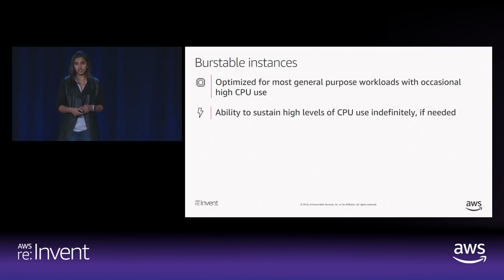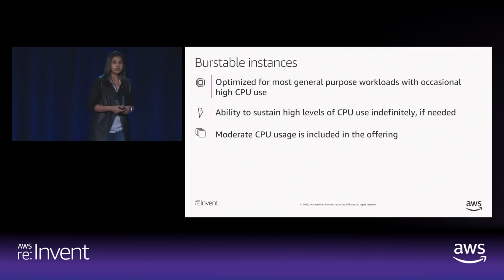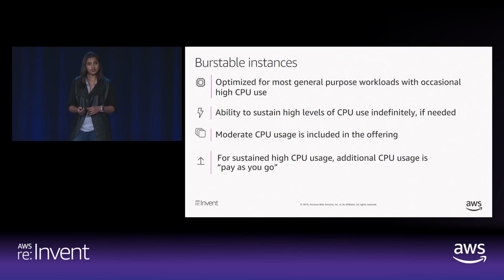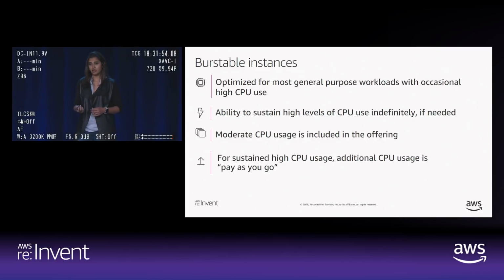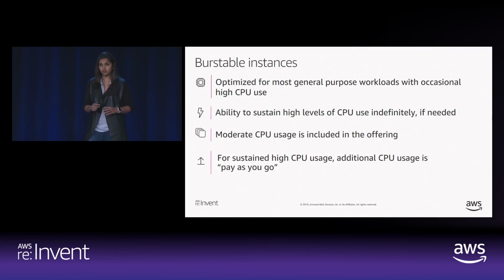It can also sustain high CPU usage should the workload need it, for however long it needs. By design, the instance has a moderate CPU usage included in the base list price. If you want to sustain high CPU usage, you just pay the pay-as-you-go on-demand price for that incremental CPU usage. So it's totally variable usage, and you pay only for what you use.